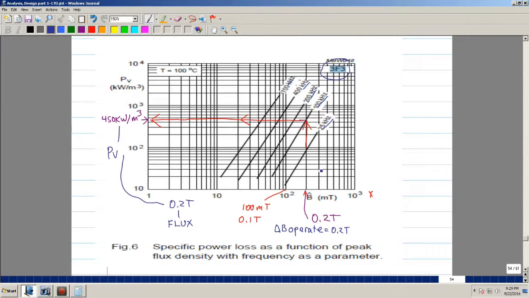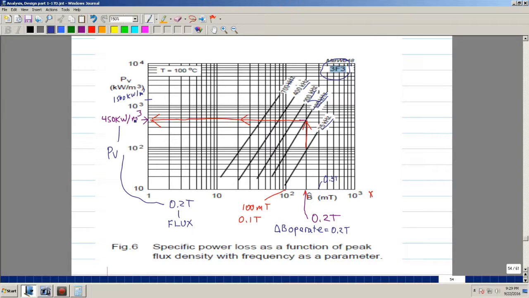Now, keep in mind, if you operate at a higher level, let's say at 0.3 Tesla, if you go up here, you'll have to extrapolate that. It looks like it comes up here, and this is 1,000, 2,000, so it's about 1,500 kilowatts per meter cubed.